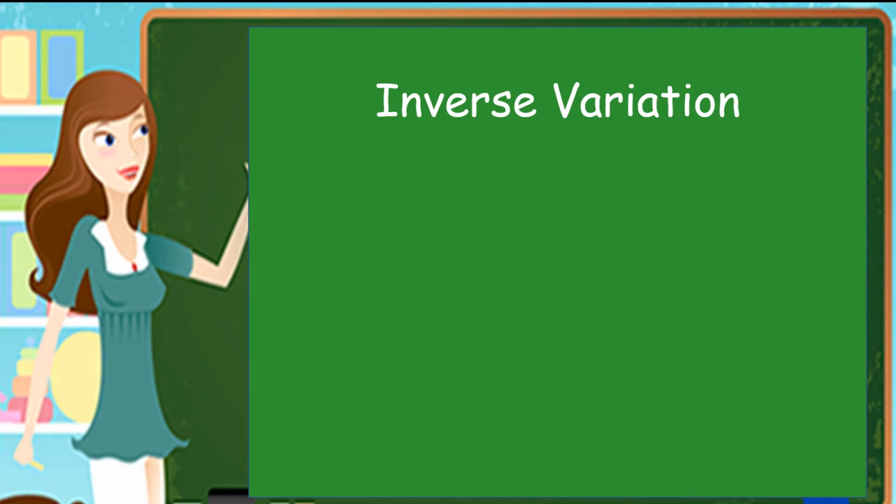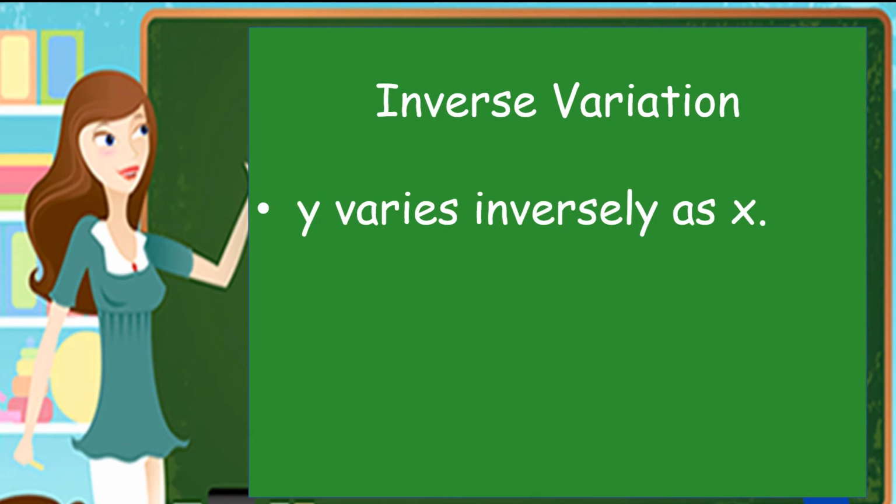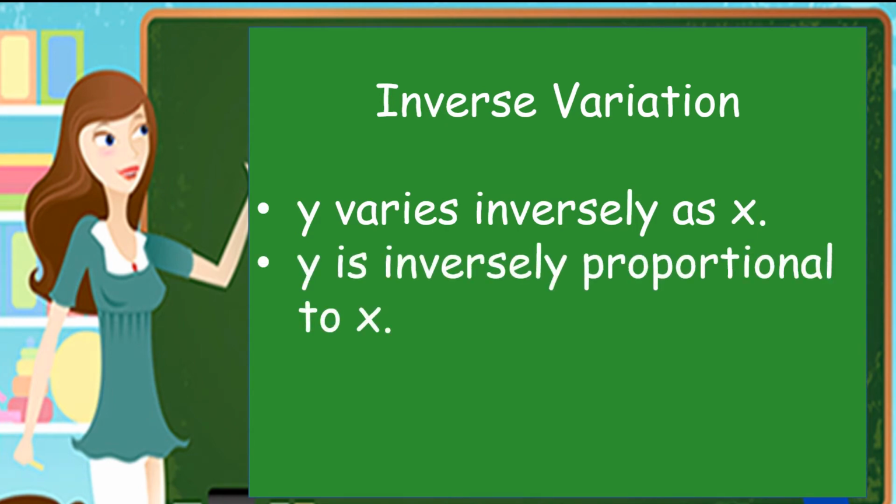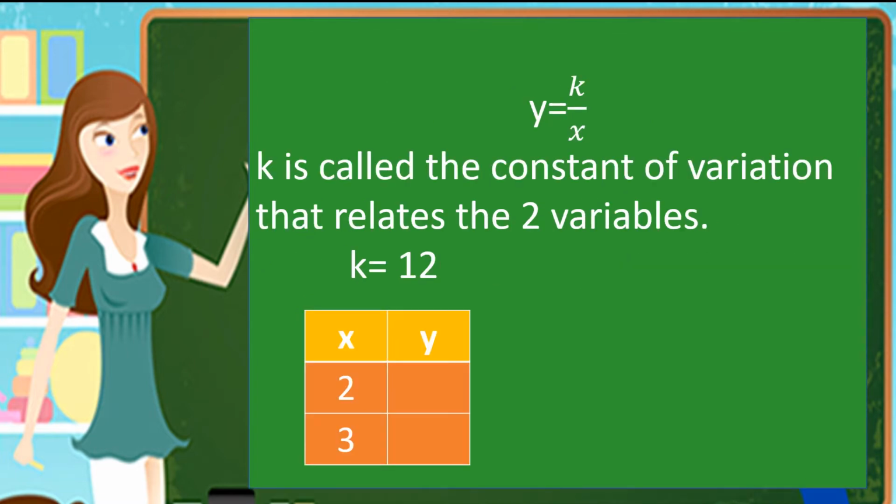So we have y varies inversely as x, y is inversely proportional to x. Y is equal to k over x, where k is called the constant of the variation that relates the two variables. The two variables that we are using are the x and the y.